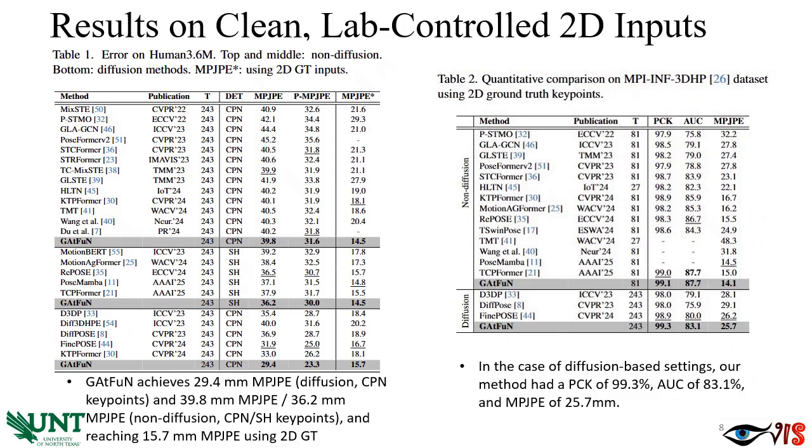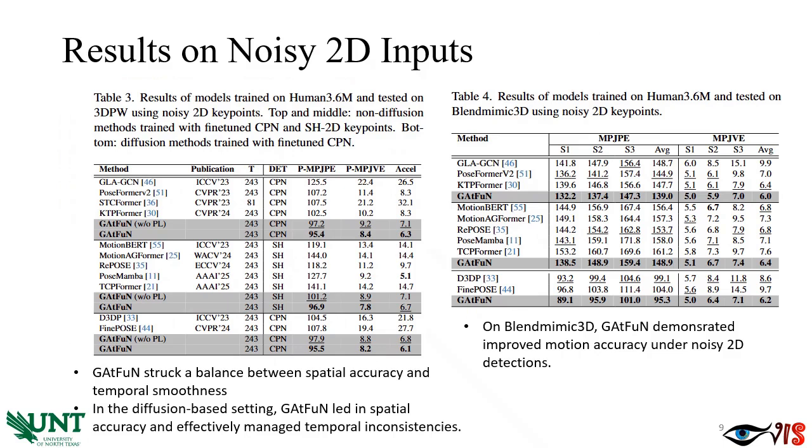When trained and tested on clean, lab-controlled 2D keypoint input, GATFUN outperformed all the state-of-the-art methods in both the diffusion and non-diffusion based settings. The model is trained on clean 2D keypoints of Human3.6M using a fine-tuned stacked hourglass keypoint detector and tested on noisy 2D keypoints from an off-the-shelf Detectron2.